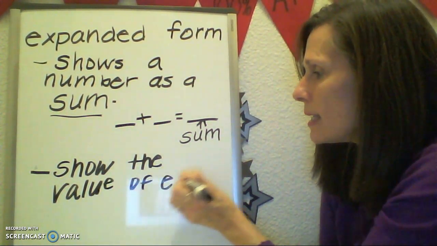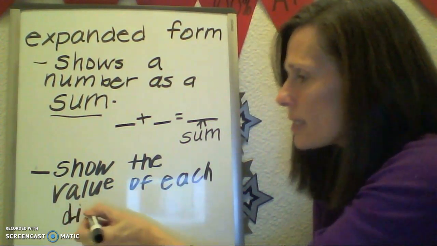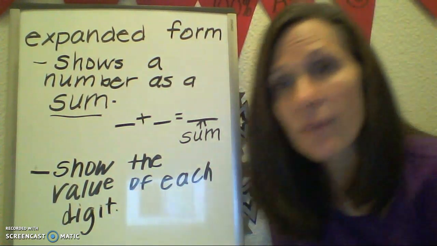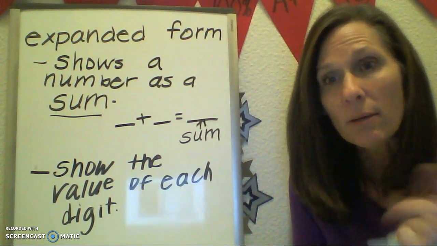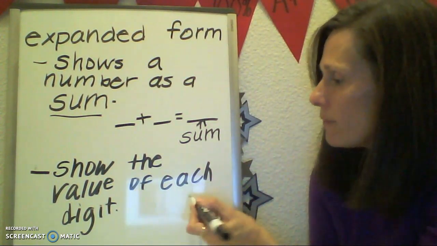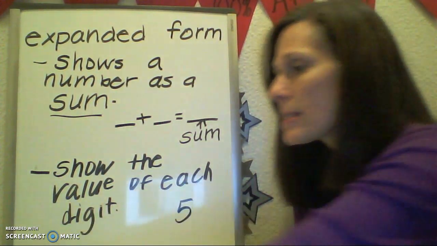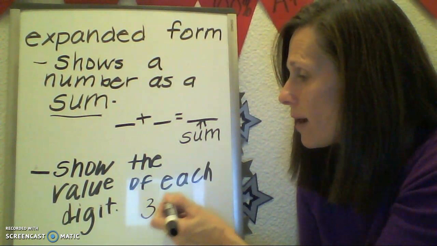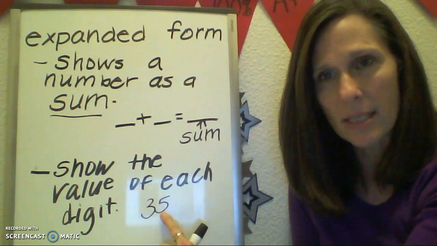When I say digit, I mean the numbers inside the number, because not every number that we work with in math is just one digit. For instance, like 5. Some numbers have two digits, like 35. Two digits. The 3 is a digit and the 5 is a digit.